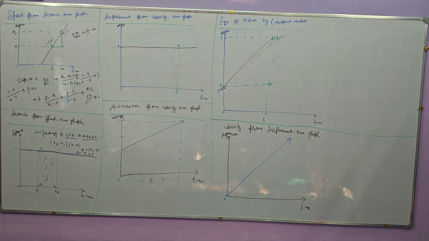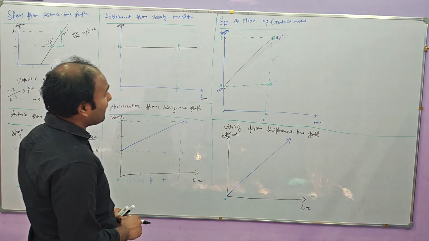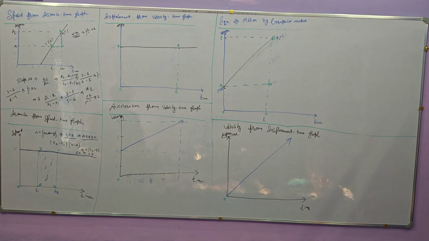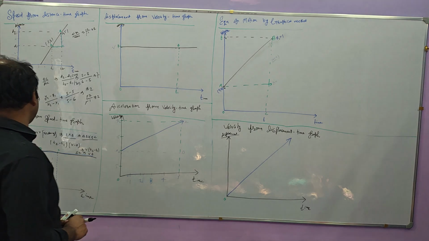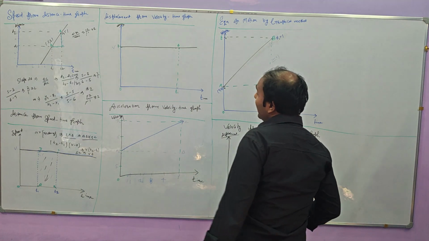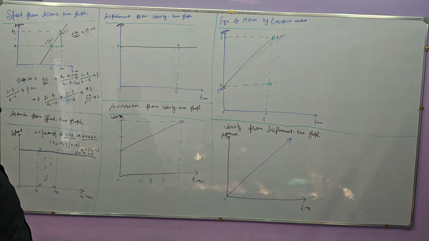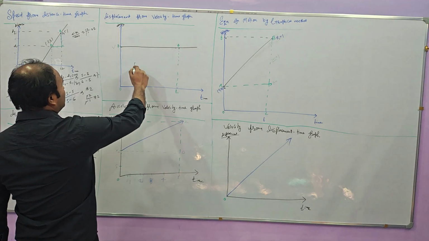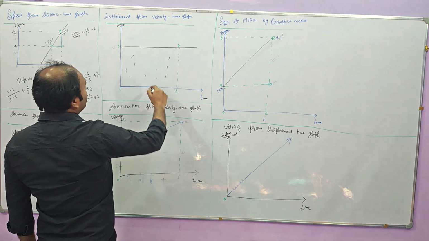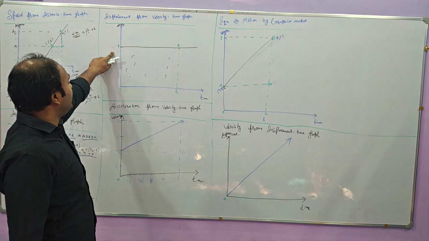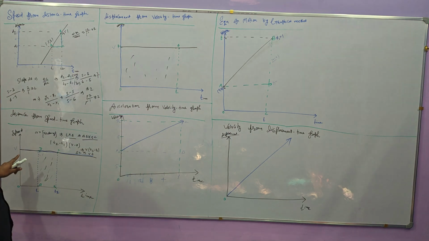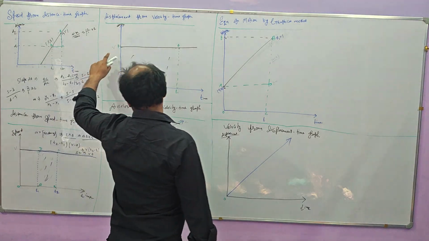Now we have displacement from velocity time graph. Area under the velocity time graph gives displacement, and we are talking about this area, and this is our V. Here it is our speed, and here it is our velocity.